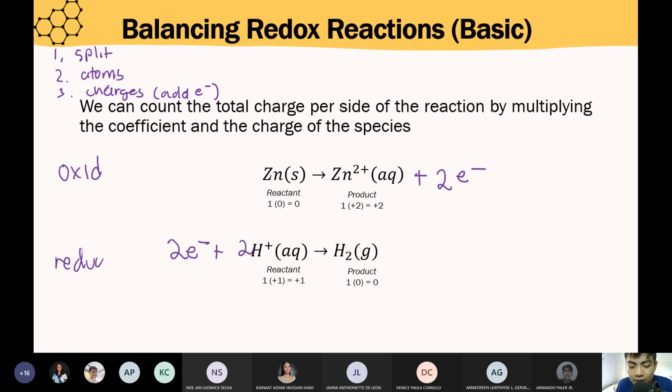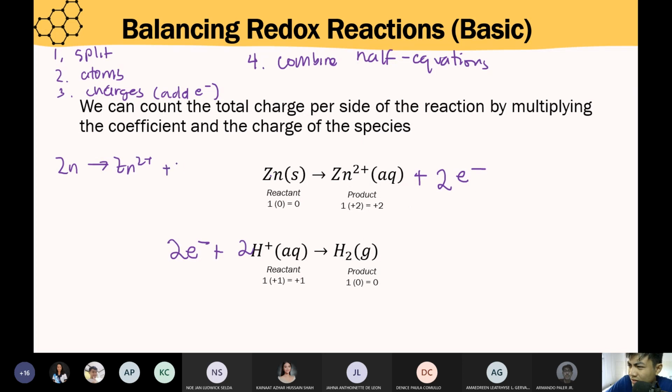Now, ano na gagawin mo? Pagkatapos mo na siya ma-split, mabalance yung atom, mabalance yung charges, ang susunod mong gagawin, combine mo na sila. Okay? So, you need to combine the half equations. Okay? Sulat ko na nandito sa left side. So, the zinc, 2 plus, 2 electron, 2H plus, H2.